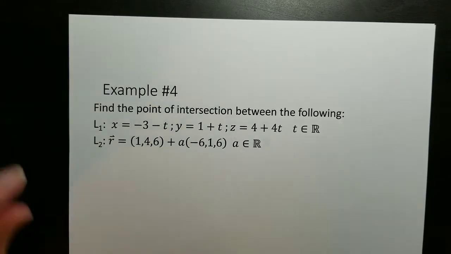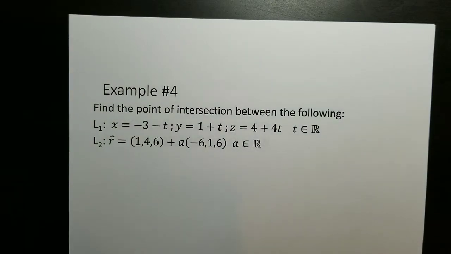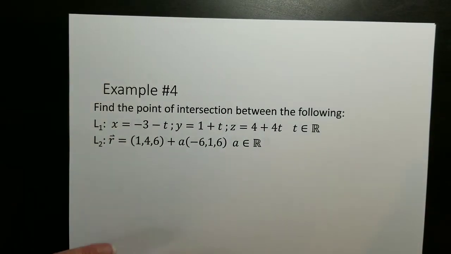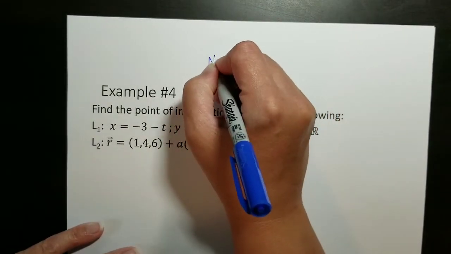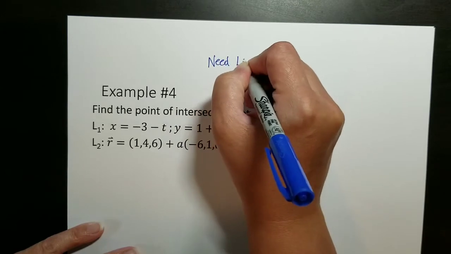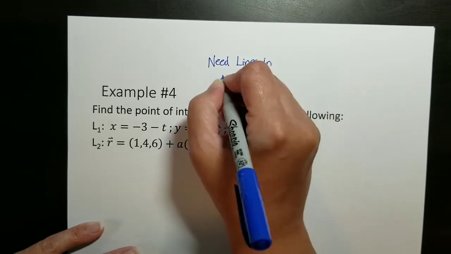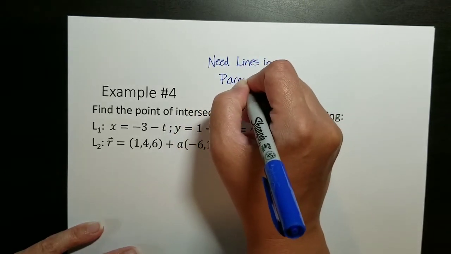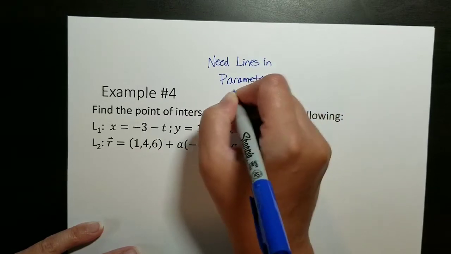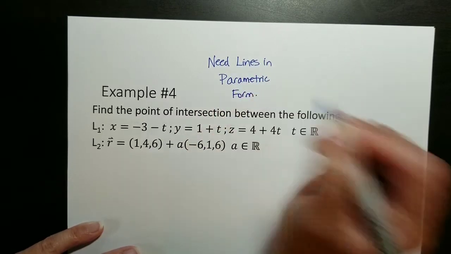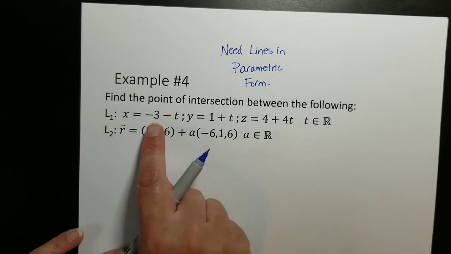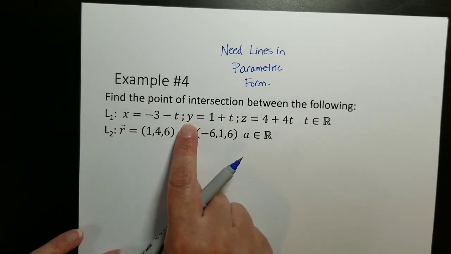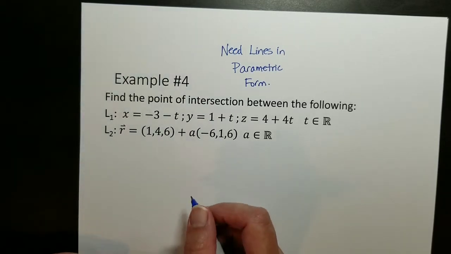When we're solving for points of intersection of lines, like we wanted with the equations of the planes, we want these to be all in parametric form. Okay, so I'm going to rewrite these. The second one, L2, in parametric.